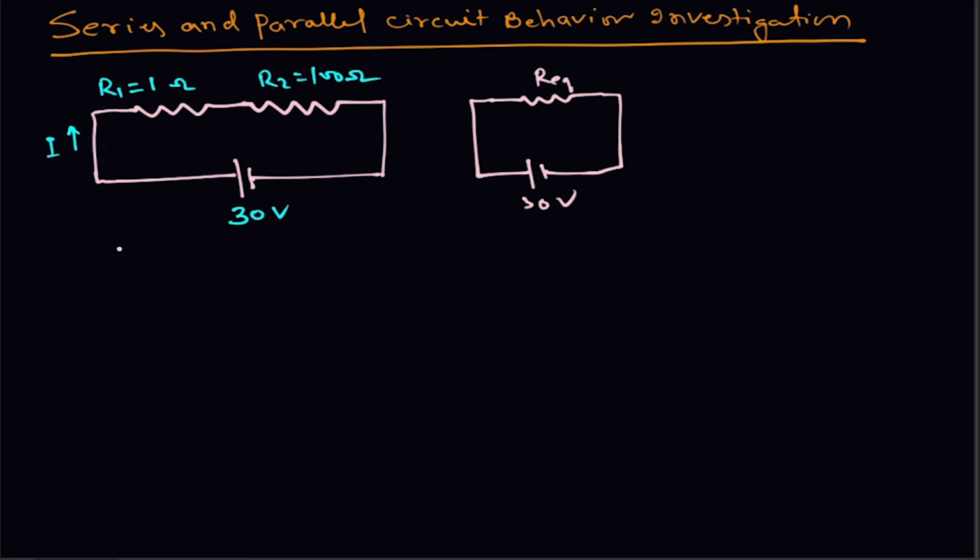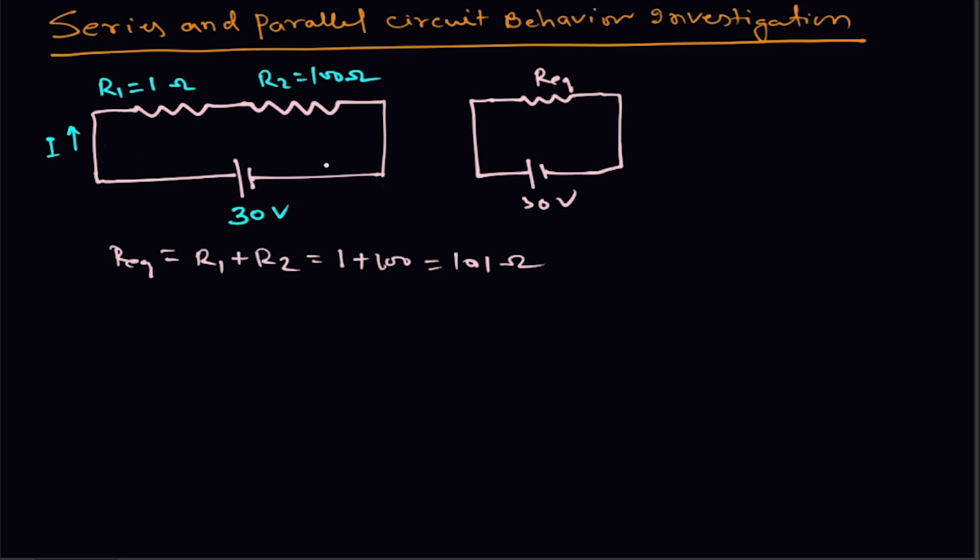So you know that Req is equal to R1 plus R2, that is equal to 1 plus 100, that is equal to 101 ohm. That is the simple addition of these two resistances. So the equivalent resistance is 101 ohm.